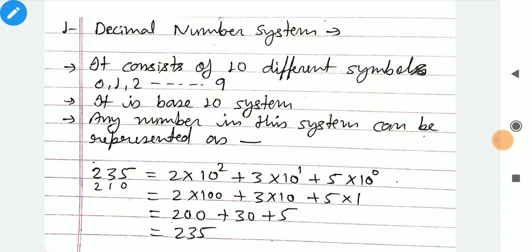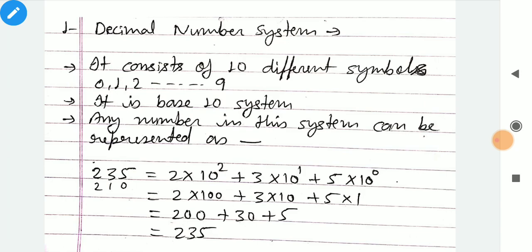Like 5 is at the 0th place, so its power of 10 is 0, and 3 is at the 1's place, so it is represented as 10 to the power 1, and 2 is at the 2nd place, so it is given here 10 to the power 2.